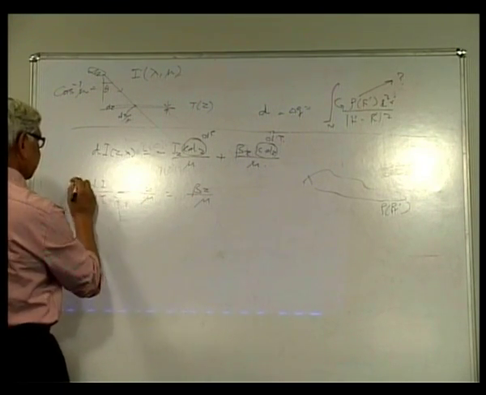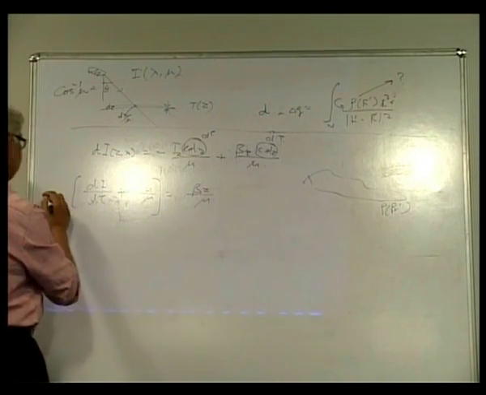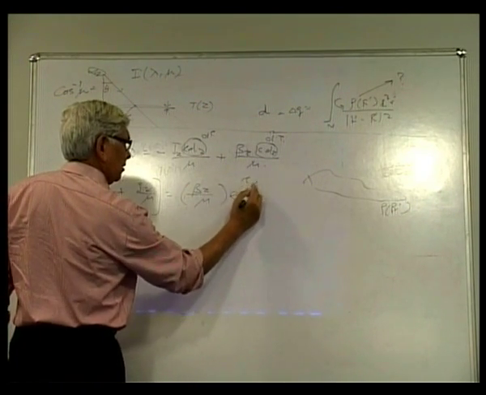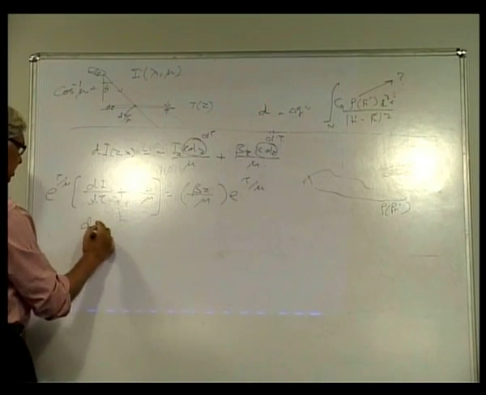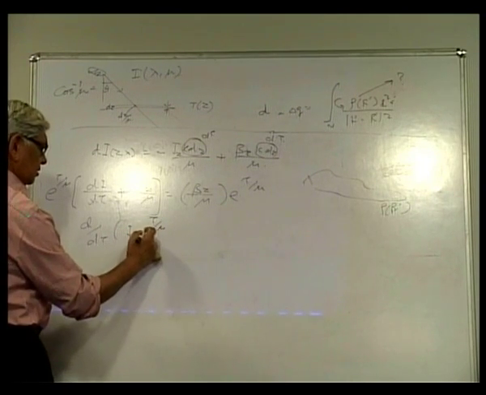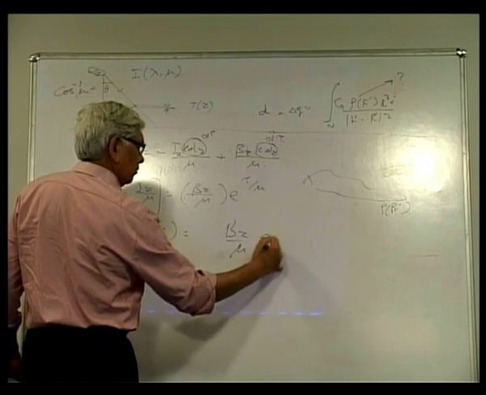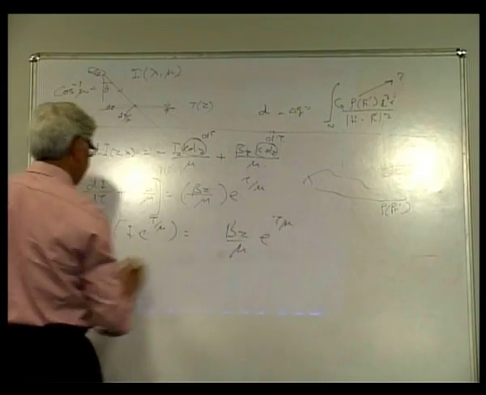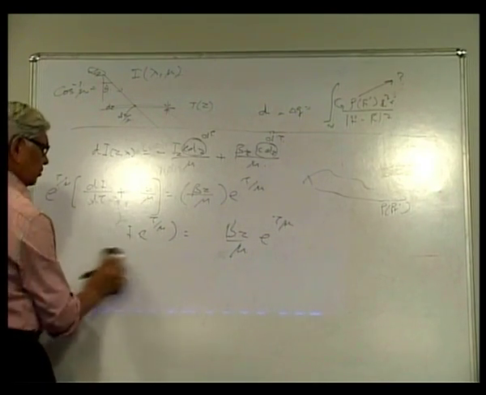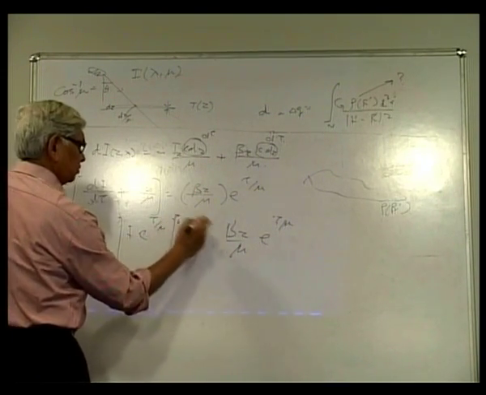can be read on this side. It's already over here. And the best way to integrate is just to multiply by e to the tau over mu. And this you can immediately write down as I integrated from the surface to the top.